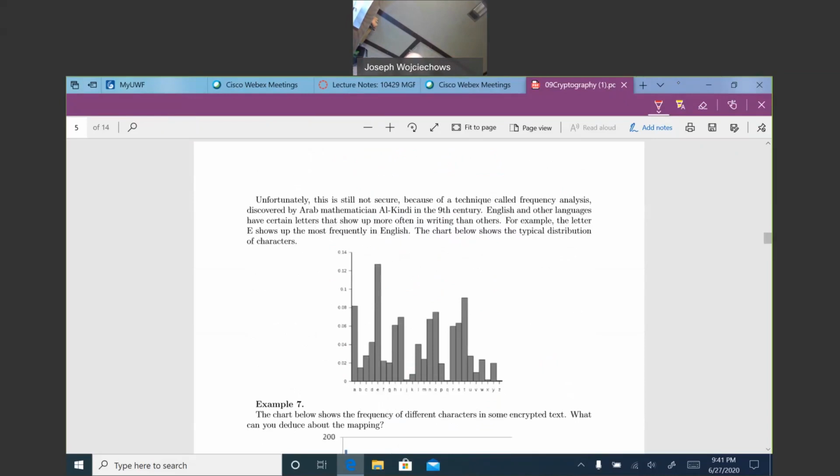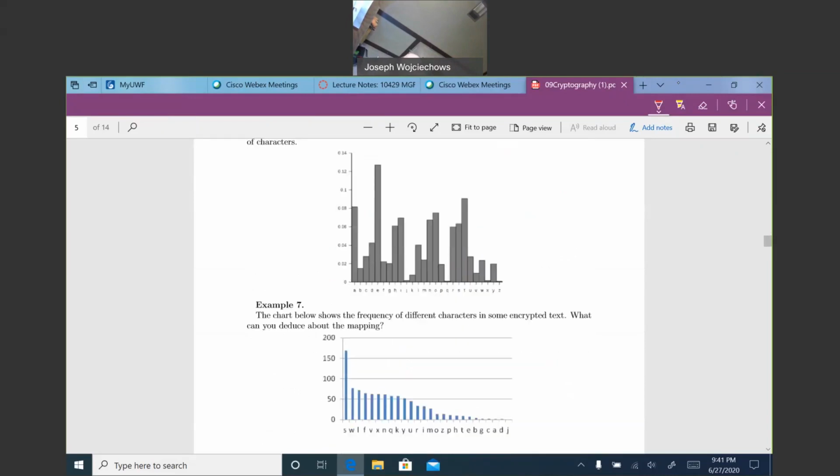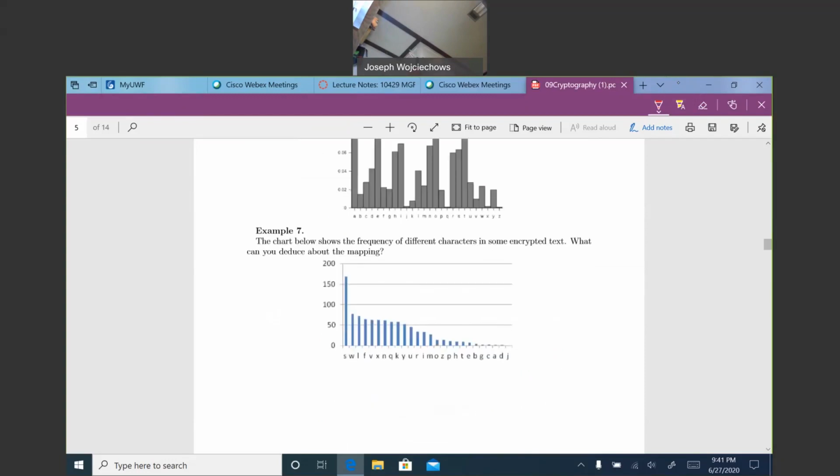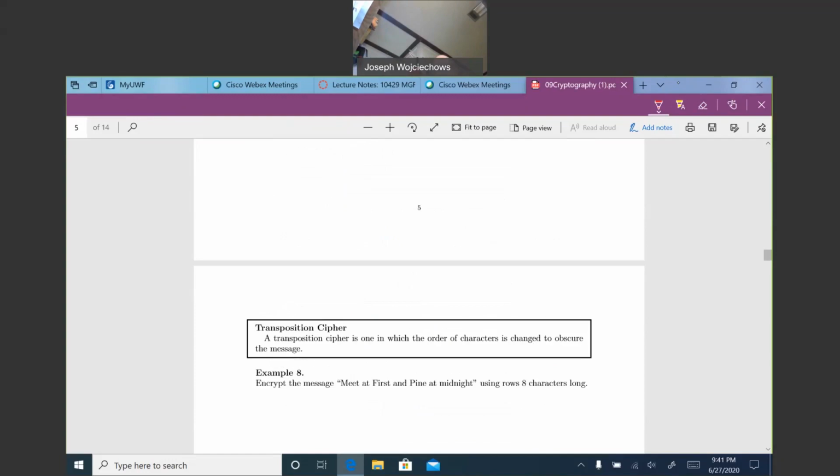Other languages have the same issue. Certain letters occur more often. So it wouldn't be easy, but it would be possible to use the knowledge that certain letters occur more often, and which letters occur most often, to decipher the code, even when it's mixed up like that last one.